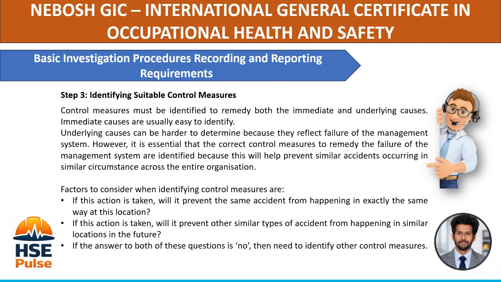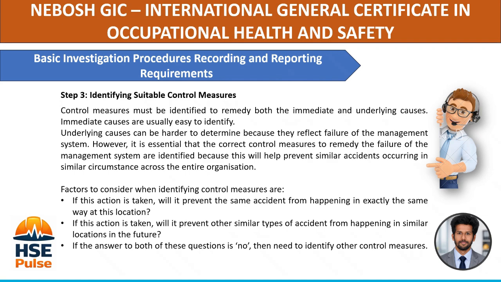to more pedestrian slips, and also it may lead to vehicle skidding. What are the important factors that we need to consider when identifying the control measures? If this action is taken, will it prevent the same accident from happening in exactly the same way at this location? This should be one of the questions. The second question is, if this action is taken, will it prevent other similar types of accident from happening in similar locations in the future?